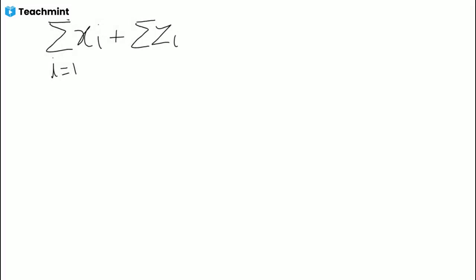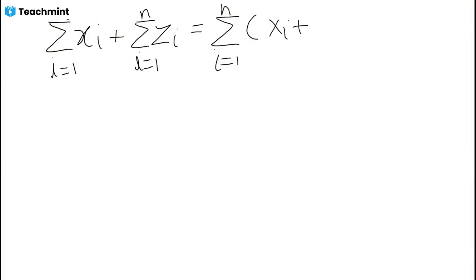If we have summation xi, i is equal to 1 up to n, plus summation zi, here also i is equal to 1 up to n, then we can combine them as summation i is equal to 1 up to n of xi plus zi.